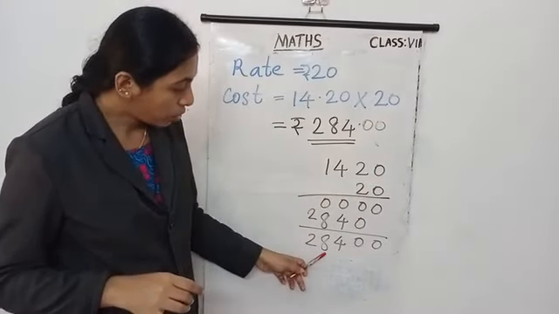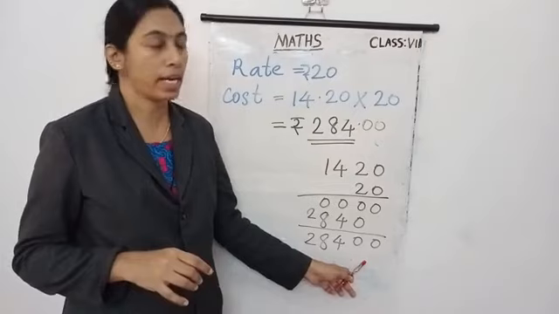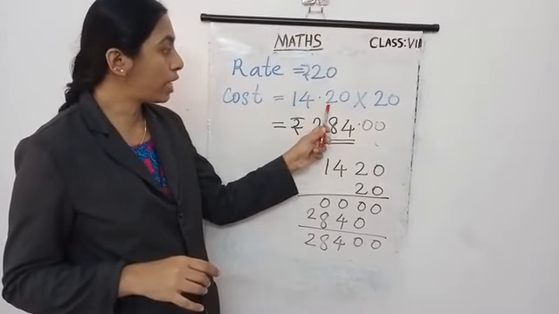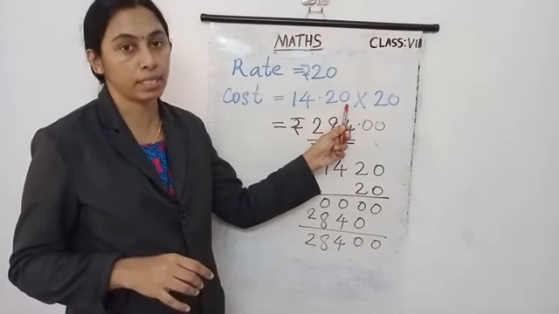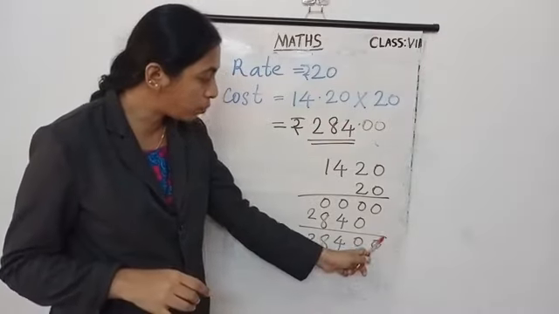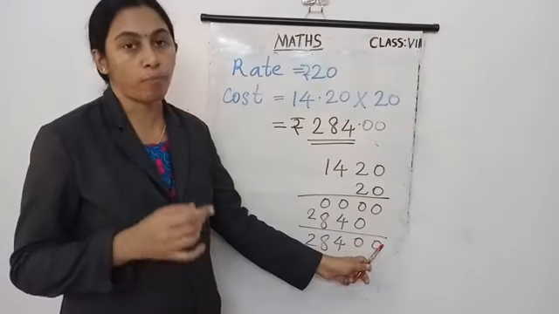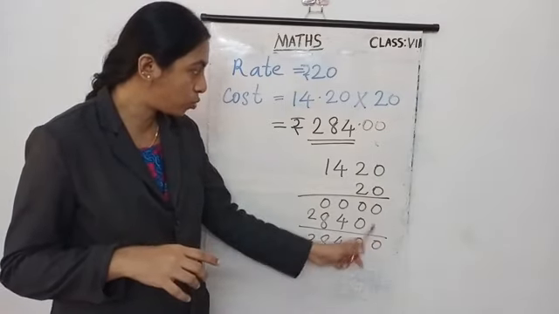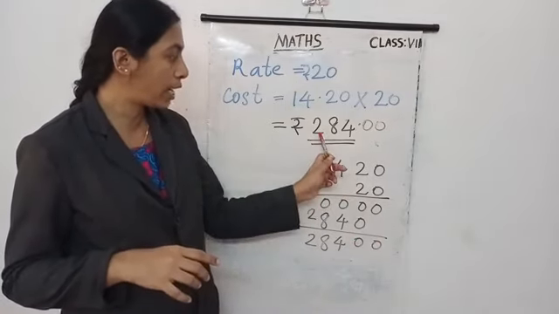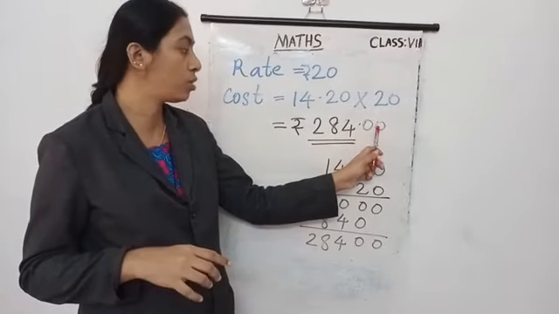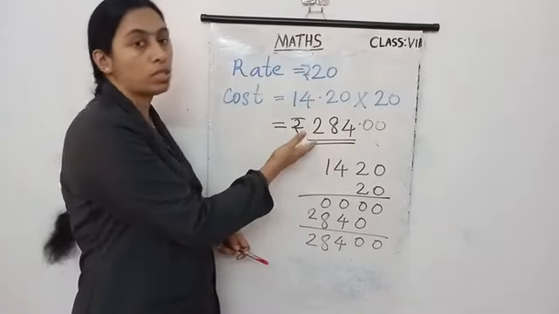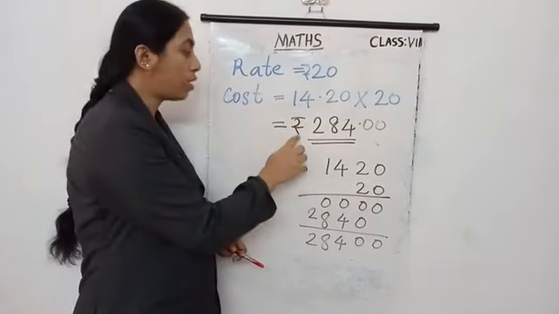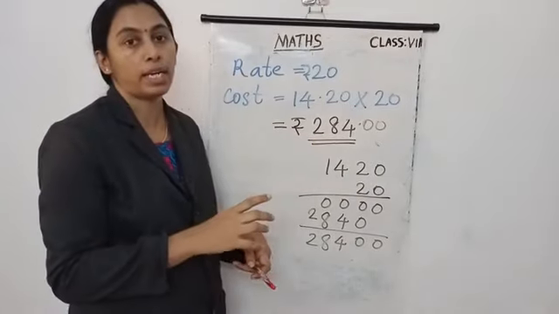We get 28,400. Now after the point there are 2 digits. So from the right put the point after 2 digits. So we get 284.00. That is the cost. Total cost is equal to rupees 284.